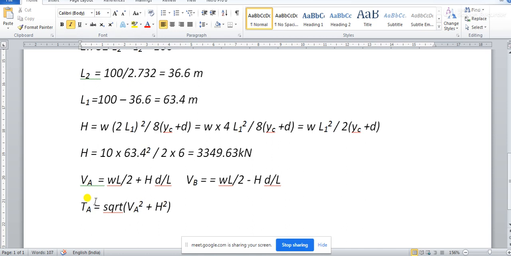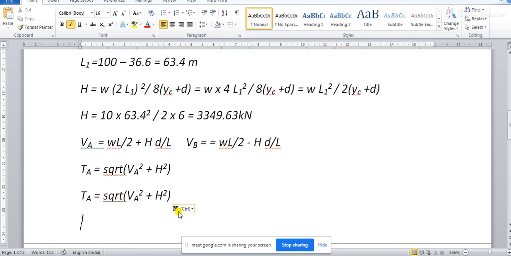And what will be your TB? What will be the tension at support B? Just only this portion will change. So VB square plus H square. Now which one is more, TA or TB?